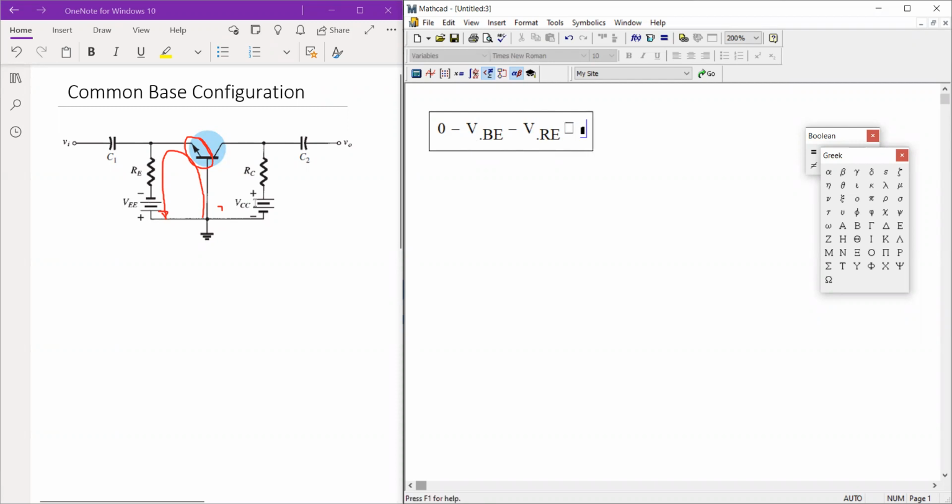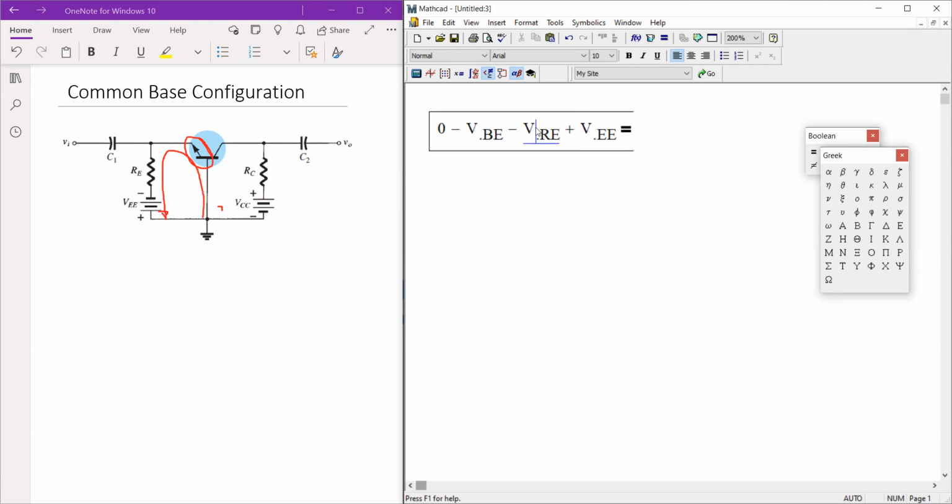Instead of minus, we will have plus, because the polarity of our battery is the same with our chosen path or loop. So meaning we'll use here VEE, and then we were able to return to our ground, so this is equivalent to 0.